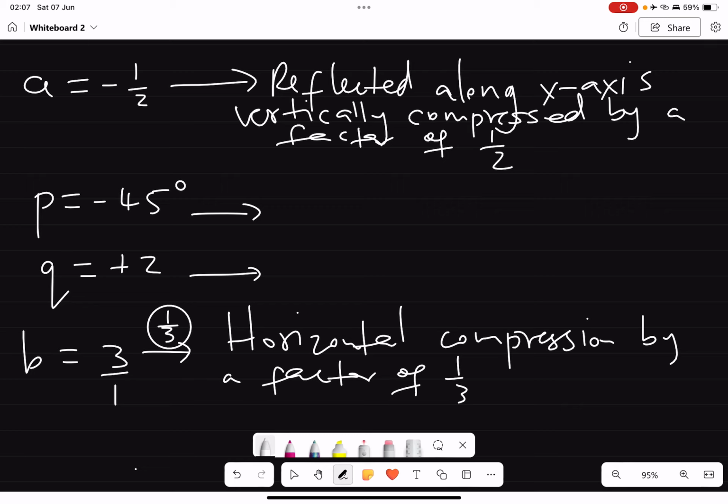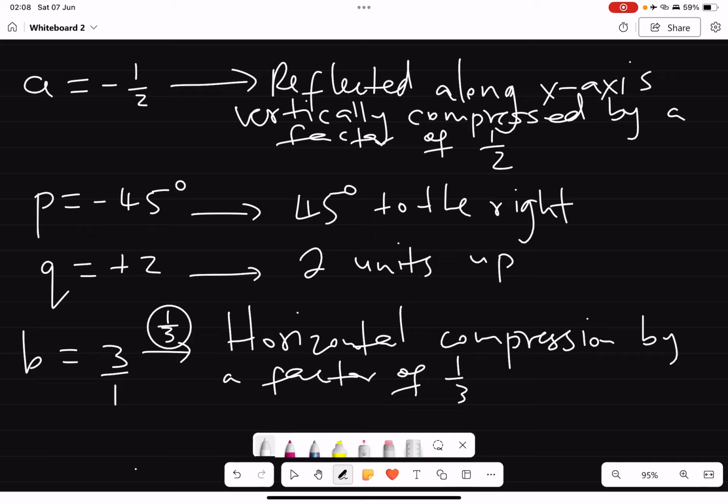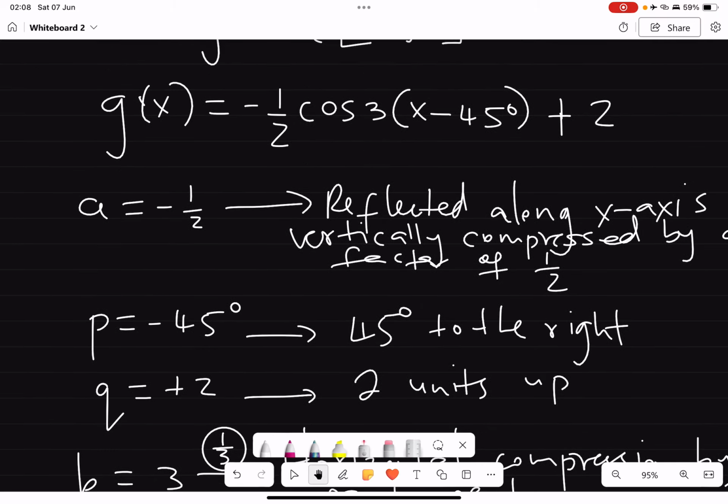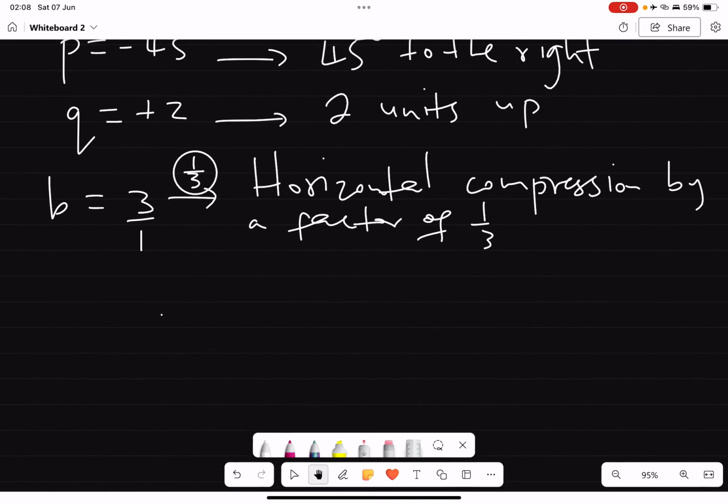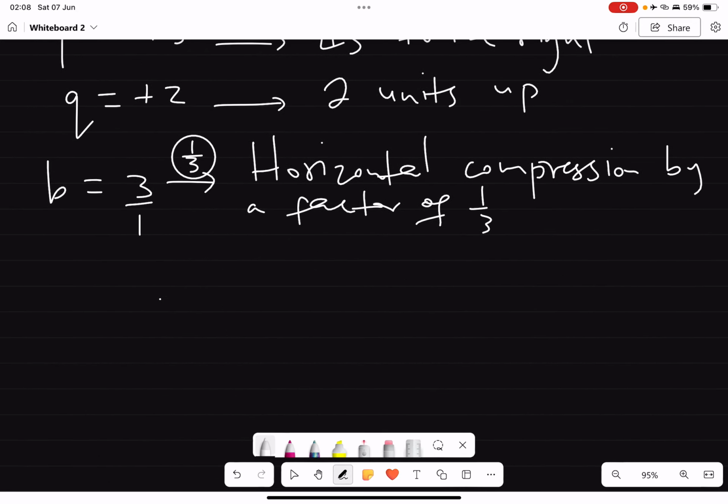Minus P being minus 45 means we are going to the right, 45 degrees to the right. We moved 45 degrees to the right, and then here you move 2 units up. All right, and that is the transformation that the mother graph, of course, underwent. Now let's find the period.